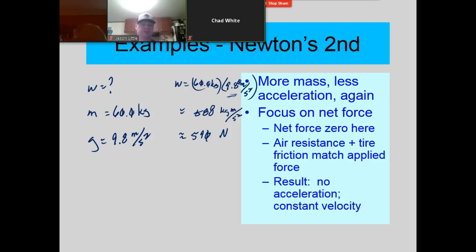Now, example 2.11 is that same 60 kilogram person, but now that person is on the moon.